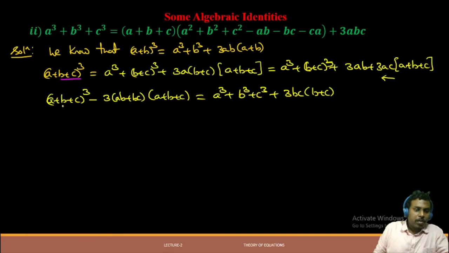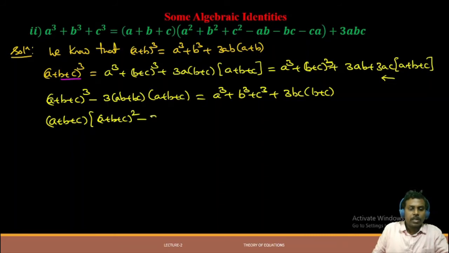Okay, now in these two terms I can take common a plus b plus c. If I take common, this becomes a plus b plus c whole square minus 3ab minus 3bc.